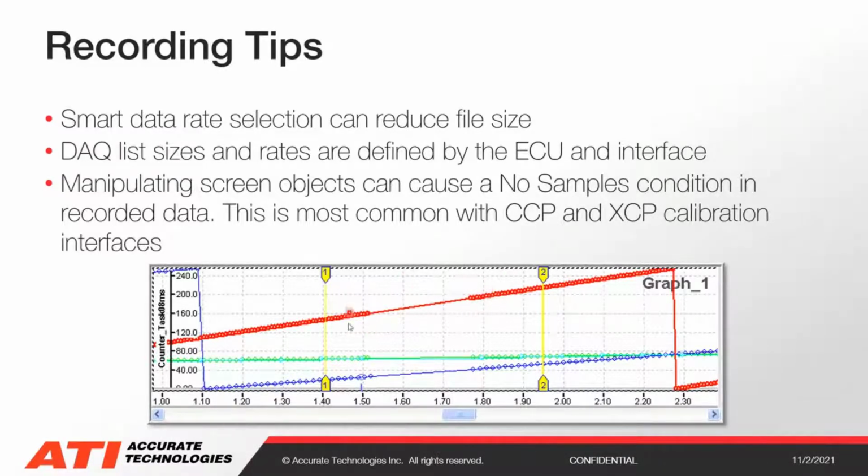This build is a little bit slower with things like CCP and XCP. With an A8 or an A9 or XCP on CAN FD, it's a little bit quicker. It's not as slow, but you still will get a gap where Vision basically stops acquiring data in order to build the DAC list and then starts acquiring it again.